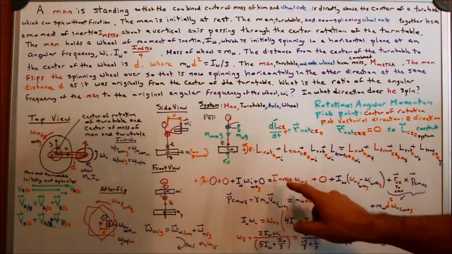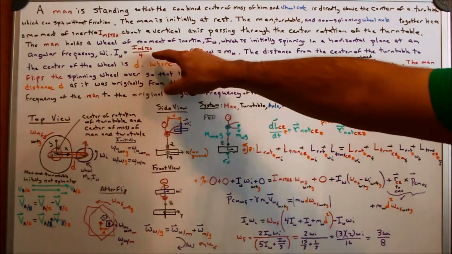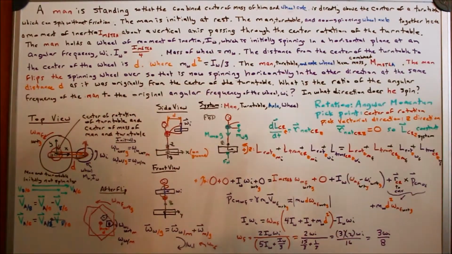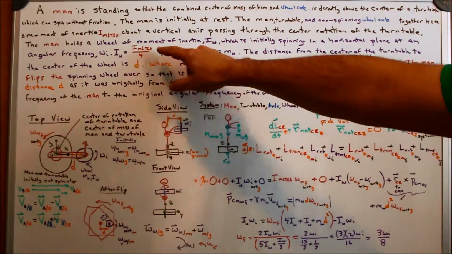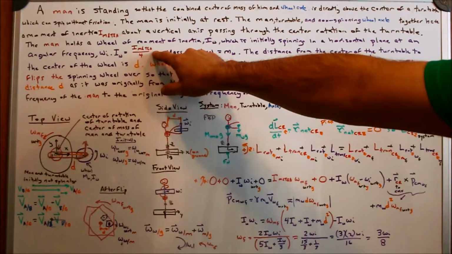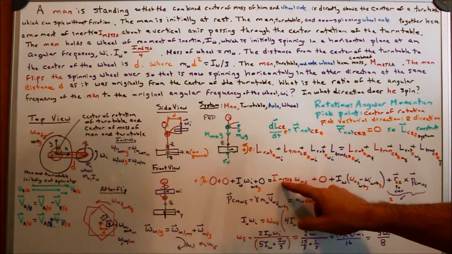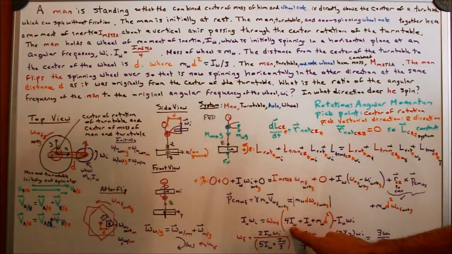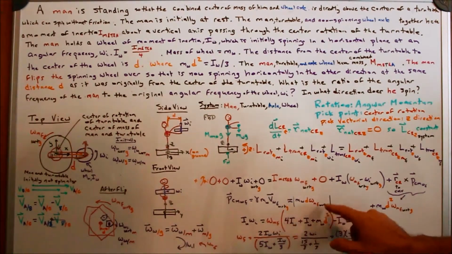So combining all those together, we were told that the moment of inertia of the wheel is 1/4 the moment of inertia of the man, turntable and axle. So the moment of inertia of the man, turntable and axle is 4 times this. So I can replace that with 4 times the moment of inertia of the wheel, times the omega final.